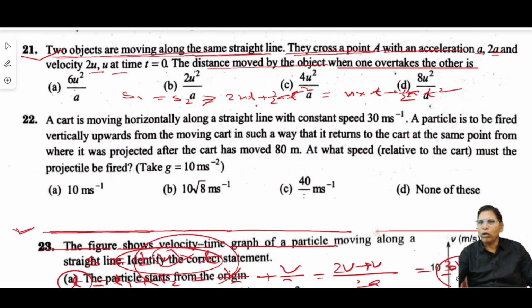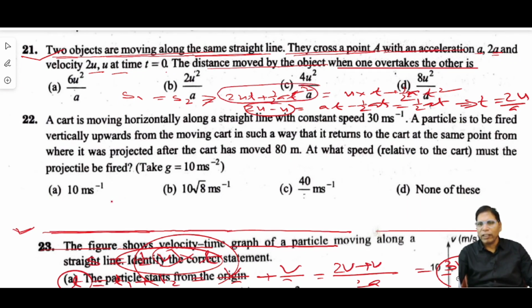Now divide the whole equation by t. So this is 2u minus u, which equals at minus half at, so this is half at. Now half at equals u, so t equals 2u by a. Now put this value of t in this equation.